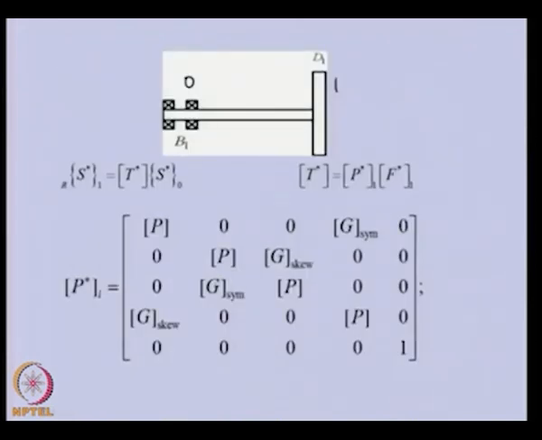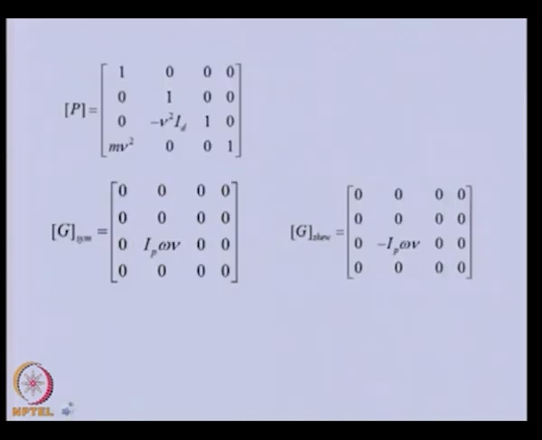So, this P matrix is this, which is exactly the same as in the case without gyroscopic effect. The additional gyroscopic terms, which are represented as symmetric and skew symmetric, are given here.